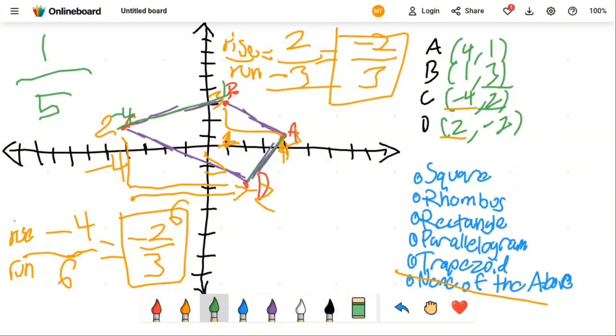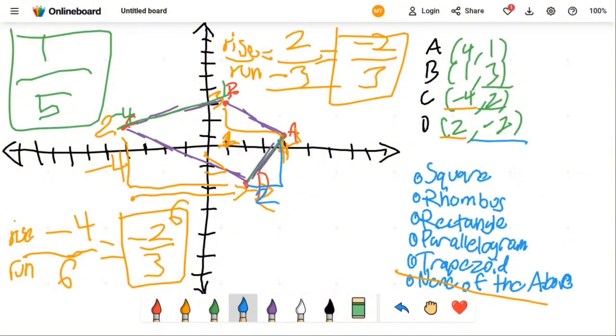The rise is 1, so the slope of CB is 1/5. And for the last line, DA, the run is 2, from 2 to 4. The rise goes from -2 to 1, which means the rise is 3. So this slope is 3 over 2, because it's rise over run.